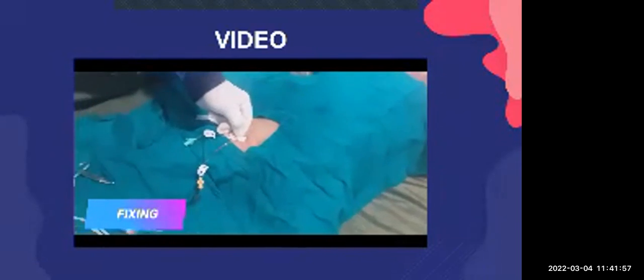And then secure the catheter in place by suturing it to the skin.